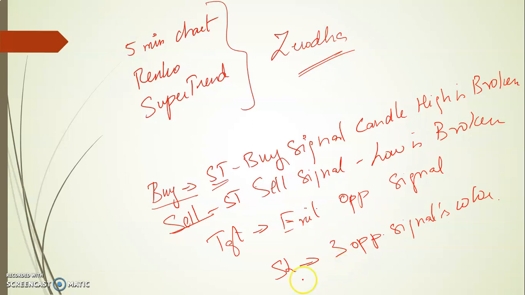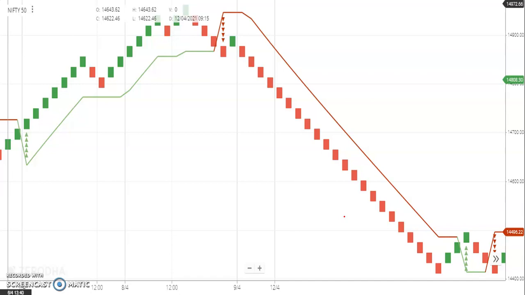And the stop loss is three opposite color signals. If you are in a buy, exit when you get three red candles, and if you are in a sell, exit when you get three green candles. That's the strategy. We'll see this strategy on Nifty and Bank Nifty now, and how it actually worked.